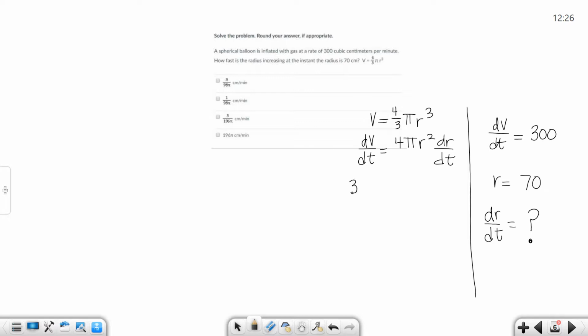So when we put those in there, we have 300 equals 4 pi 70 squared dr/dt. Keep your pi as pi. To get dr/dt by itself, we'll divide both sides by this amount. 4 times 4,900 is 19,600 pi.